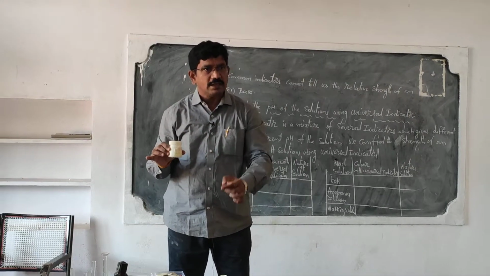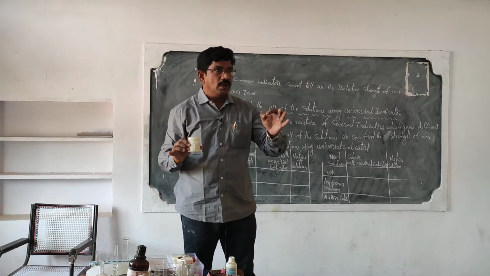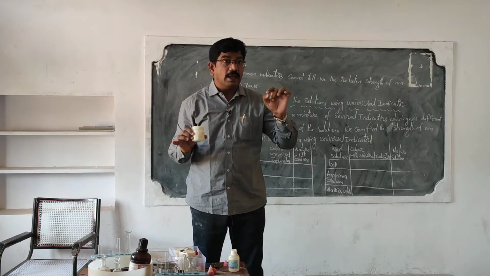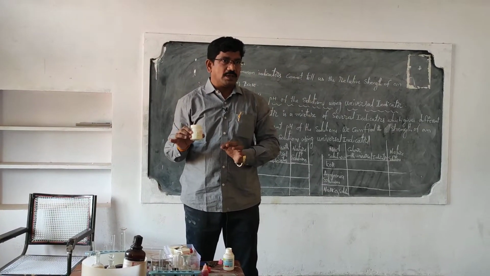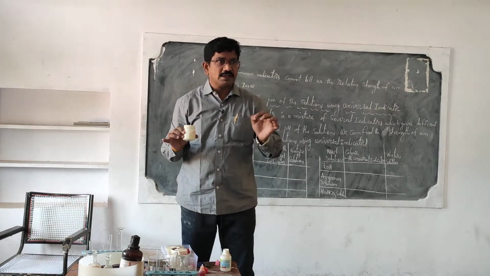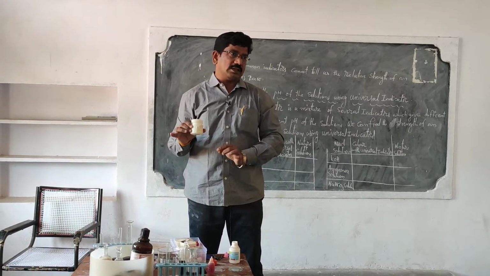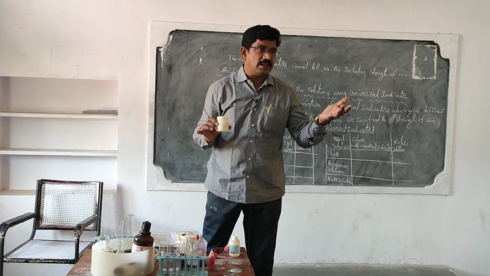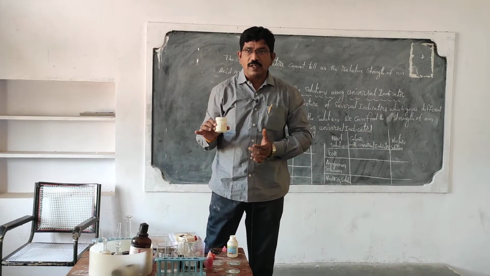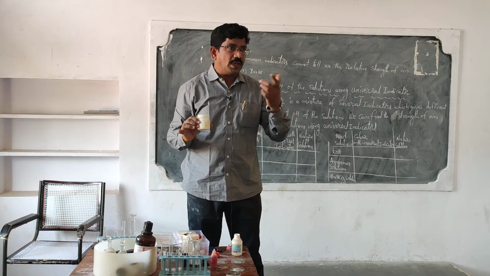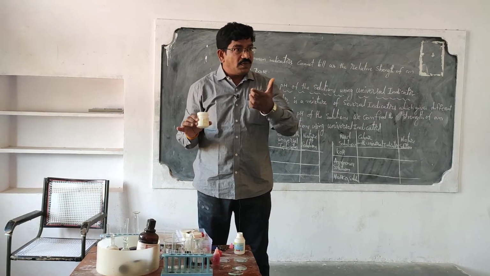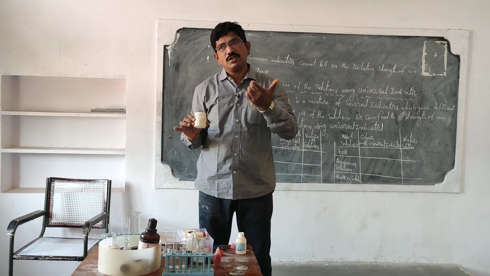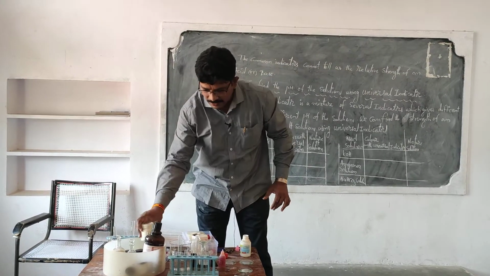You can say with the help of litmus papers. At the same time, you can say with the help of the indicators. If methyl orange changes to red, you can say that the given solution is an acid. Next, if it changes to pink with the help of phenolphthalein solution, then you can say that the given solution is a base.